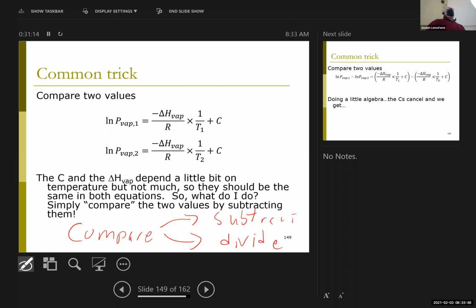If you think about it, multiplication and addition aren't making comparisons, they're making combinations. 10 donuts plus 2 donuts is now 12 donuts, right? If I divide or subtract, I'm actually comparing the relative size of the numbers. If I subtract them, I'm looking at the difference between the numbers. If I divide them, I'm looking at the ratio between the numbers.